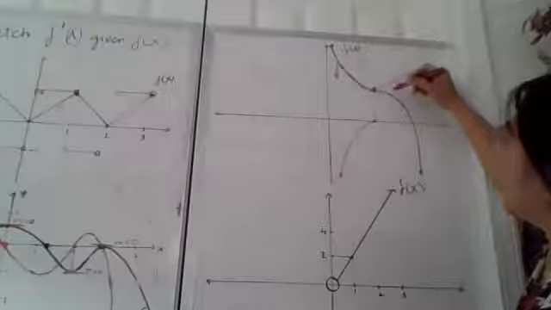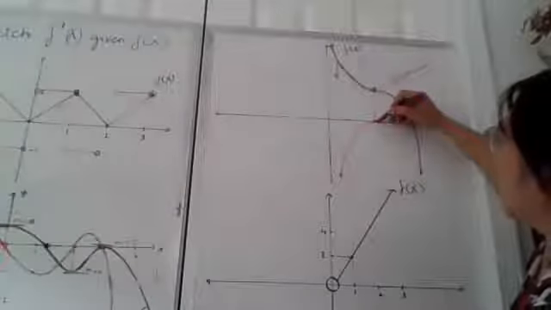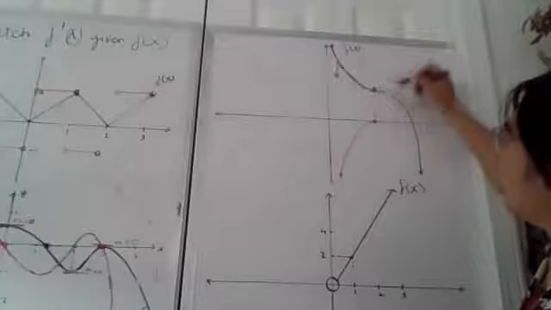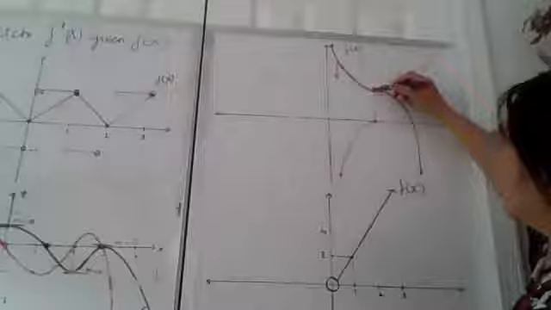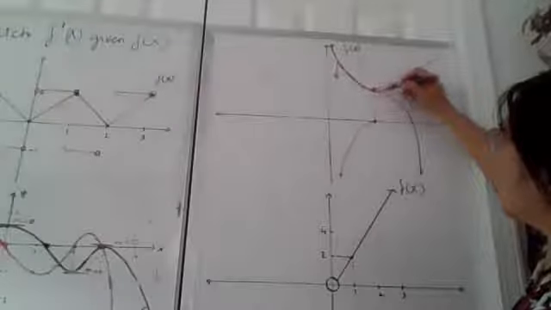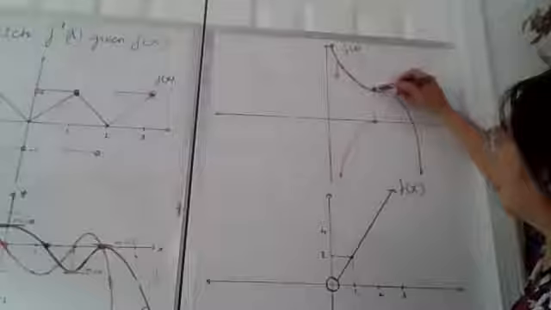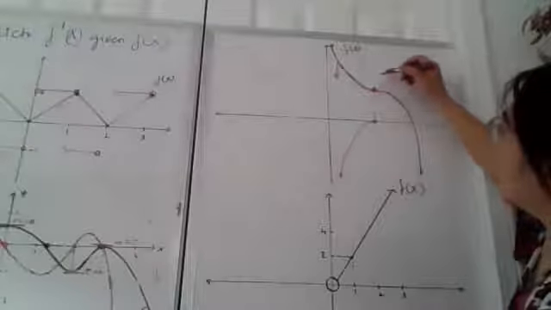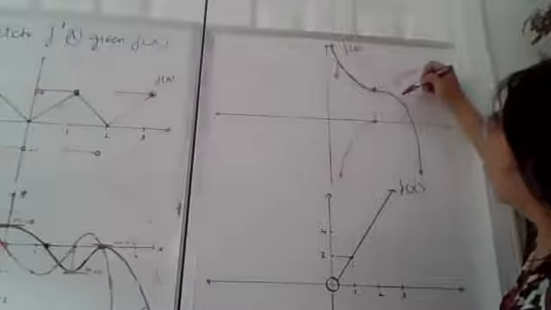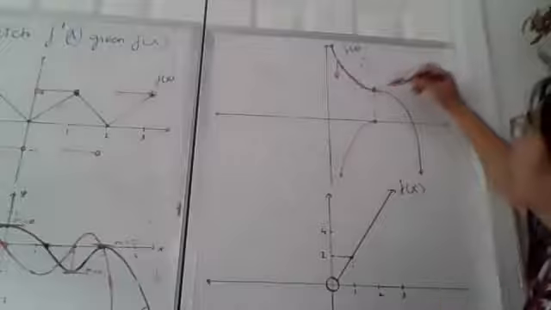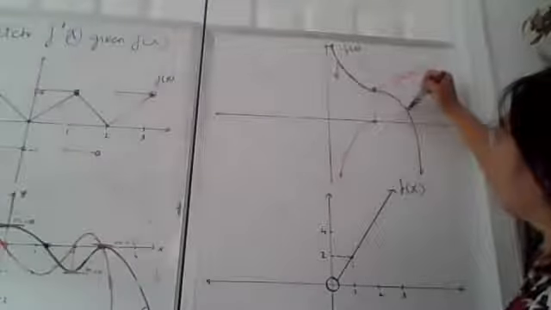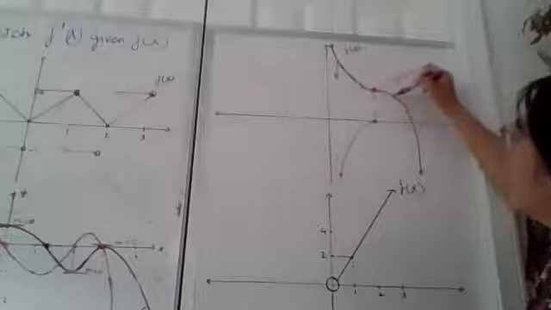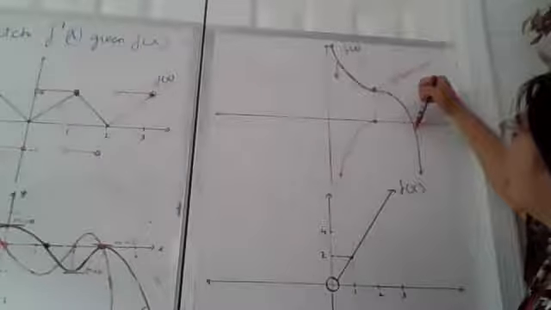Now the turn here indicates we have an inflection point, and the slope is changing. Actually, this is concave down and concave down, so the slope keeps decreasing.